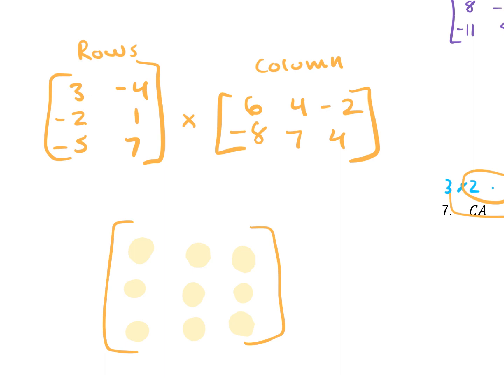So starting with the first row, first column, we have the first number times the first number, so that would be 18, plus the second number times the second number, so plus 32. 18 plus 32 is 50.